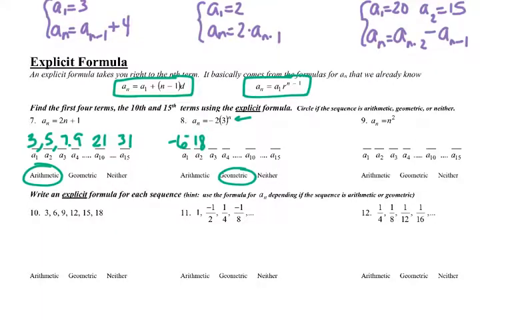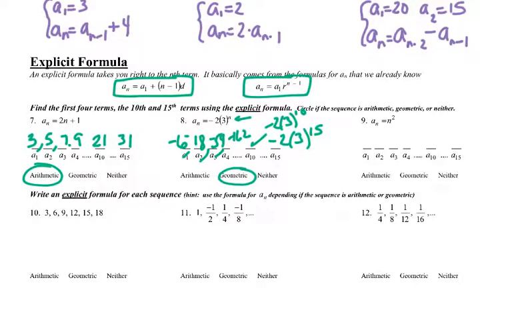Negative 2 times 3 cubed, negative 54. Negative 2 times 3 to the fourth is 81, so what's that? Negative 162. But when I get to the 10th, I can just write it as negative 2 times 3 to the 10th. Negative 2 times 3 to the 15th. That's fine.